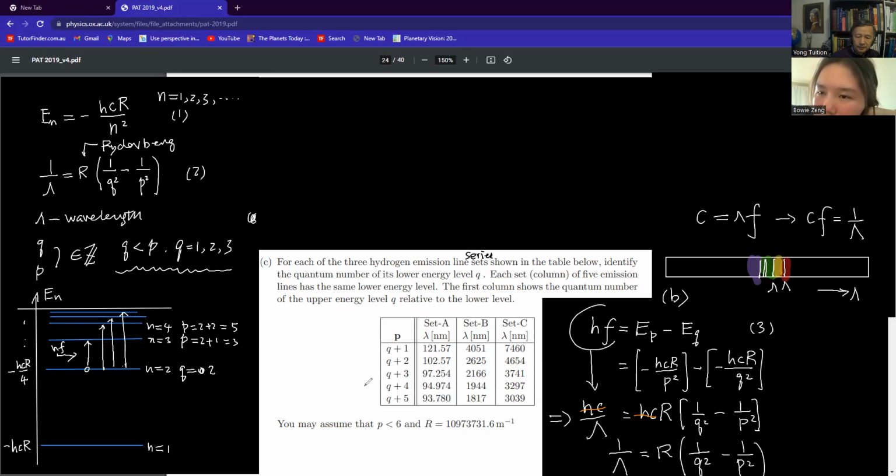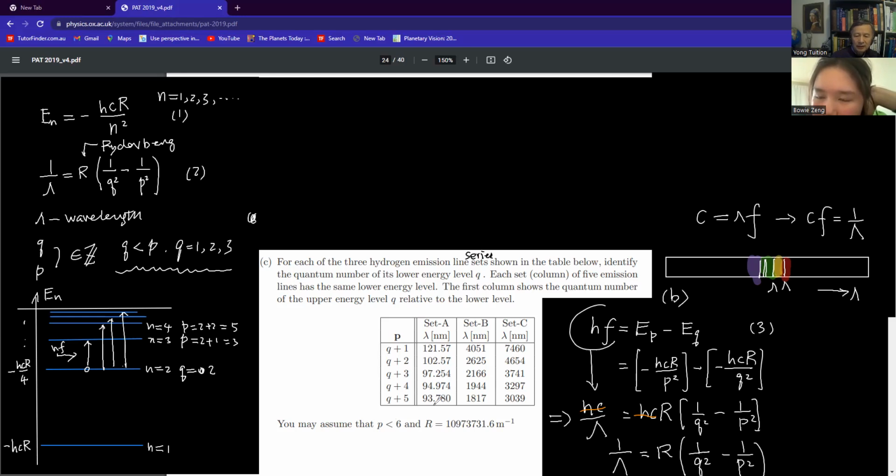But in this case, they didn't tell you the Q, right? You can't use this formula. In principle, we can set up many equations. For example, they ask you to assume P is less than 6. If P is less than 6, what is the Q?